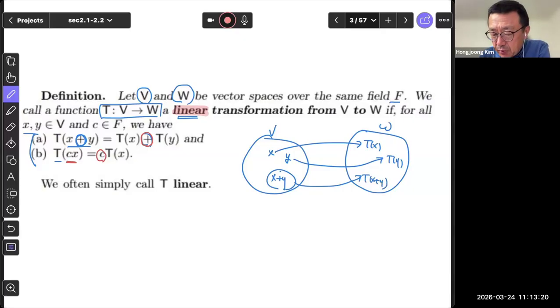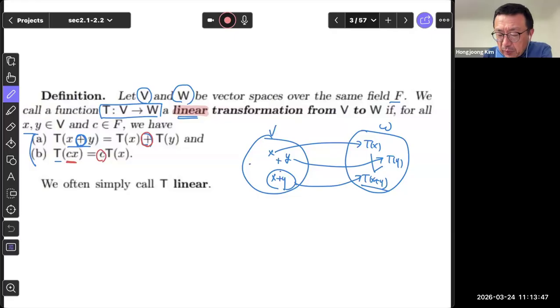Statement A says you can map x and y separately, and if you add T of x and T of y, you get T of x plus y. Or you can add x and y in the domain to get x plus y in V space, and then you can find the image.